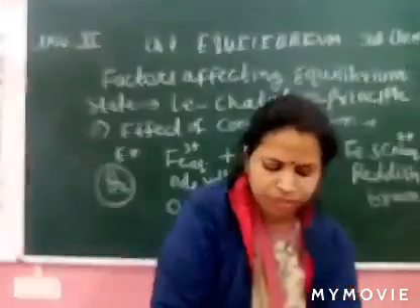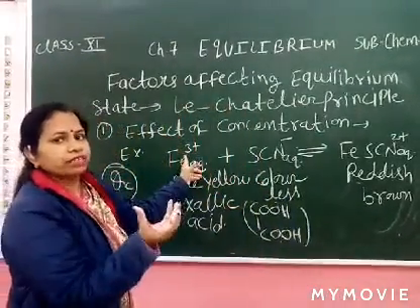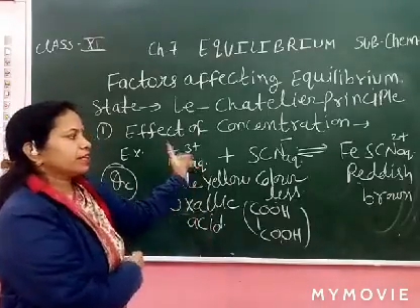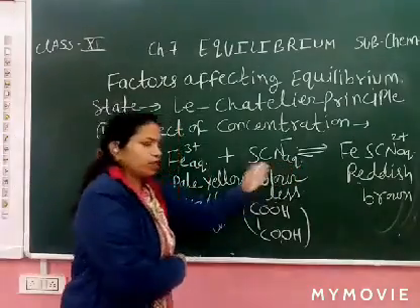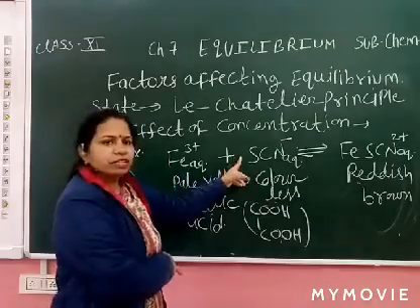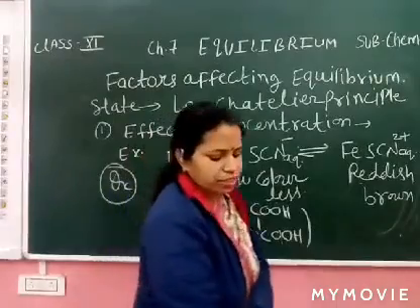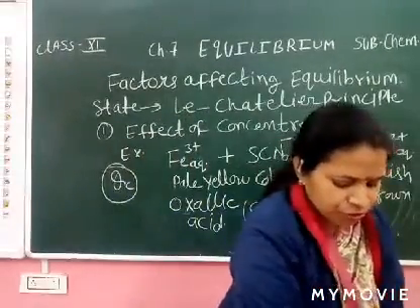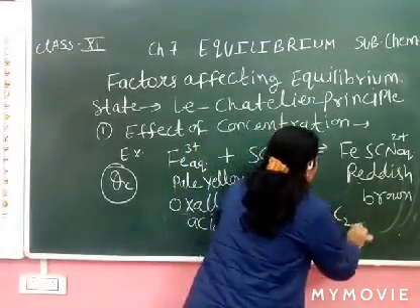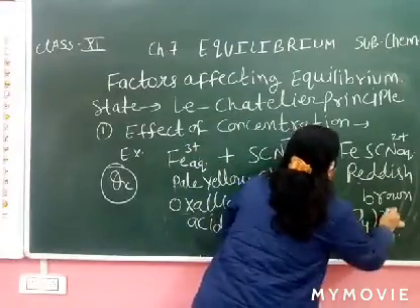So when we add the oxalic acid, it also reacts with iron. So what happened? Reactant is removed from the reaction mixture, then the reaction is again in the backward direction, because free iron is not present here. This free iron reacts with oxalic acid, and a complex is formed, Fe(C2O4)3 3 minus.